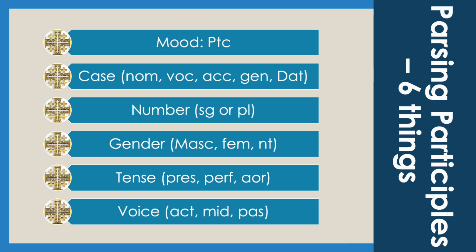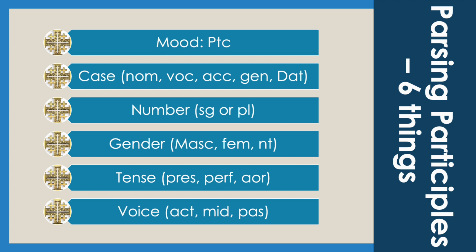So these are the 6 things that we look for, and I've abbreviated some of these terms here, but the mood is participle, that's what we're looking at. Secondly, the case, whether it's going to be nominative, vocative, accusative, genitive or dative. Then the number, whether it's singular or plural. The gender, whether it's masculine, feminine or neuter.